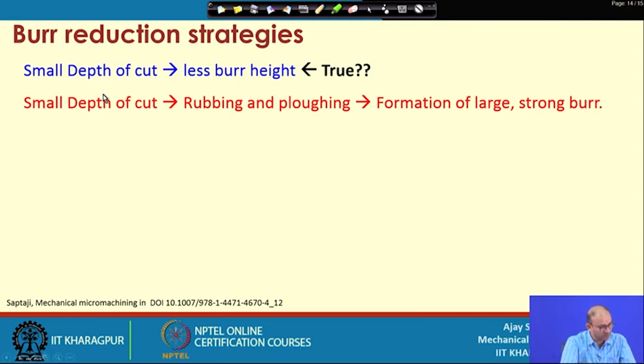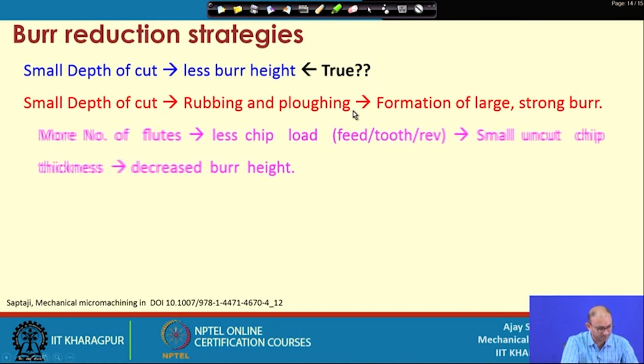If the depth of cut is so small that the cutting edge radius becomes larger in comparison, then you end up with the rubbing and plowing mechanism, and you will get the formation of large and strong burrs. That is not advisable. So, going with a small depth of cut to get less burr height will not be true in all cases, but again depends on the material properties.